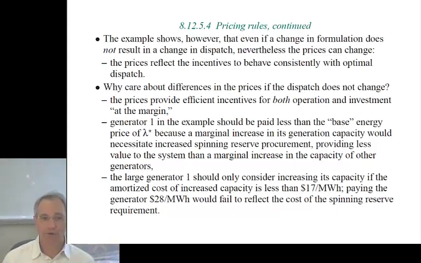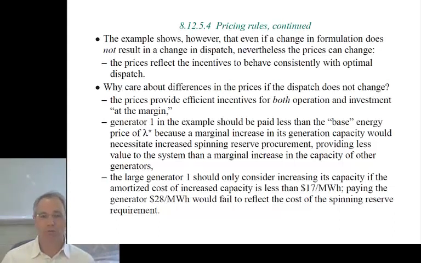So, you might ask yourself, why care about differences in prices if the dispatch doesn't change? Well, there's a good reason for this. Remember, we've discussed several times that the prices provide efficient incentives for both operation, but not only operation, also investment, at least at the margin in an incremental sense.